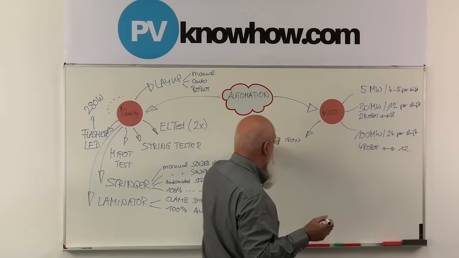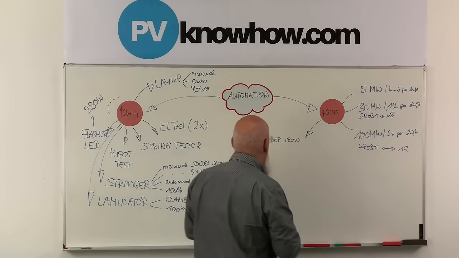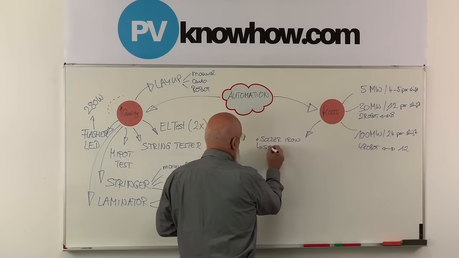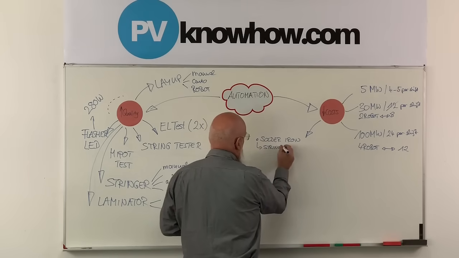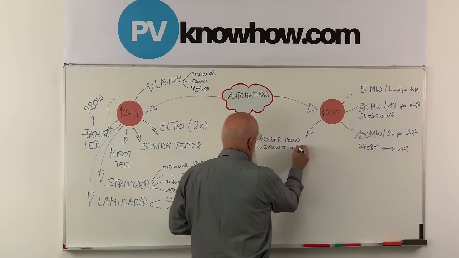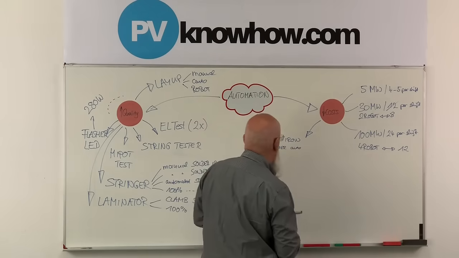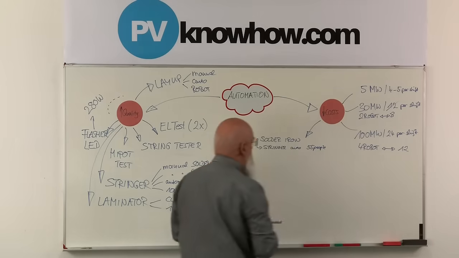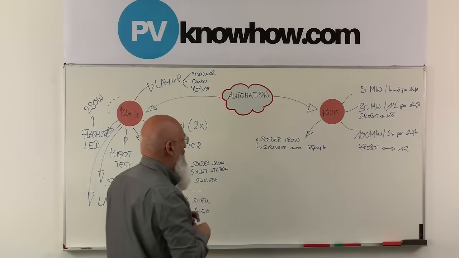It's a lot of people only for the soldering. There is a possibility to buy a stringer which is automated, and this stringer can replace, let me say, 55 people in a medium-sized production.